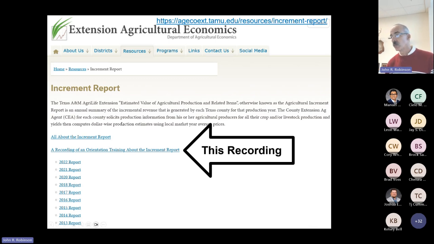It's going to get posted where we always post it, on the AgEco website, agecoext.tamu.edu, under the resources menu. It's also going to get posted in Aspire, which I've never done before, but I've been told that I'm going to do it, so I'm going to do it. So it'll be available in various places for you to come back to and reference.